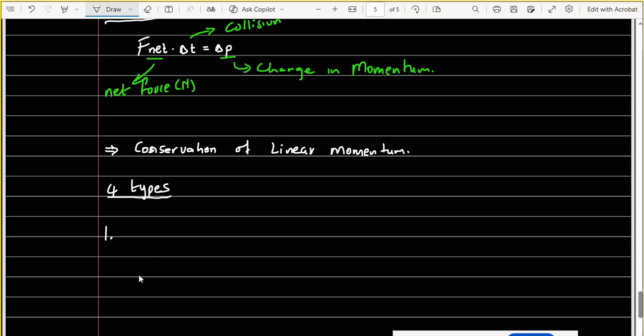The first is where the objects move separately after the collision. The second is the collision where objects stick together after the collision. Number three is where objects are dropped vertically onto a moving object. And the last one is explosions. Okay, got it.